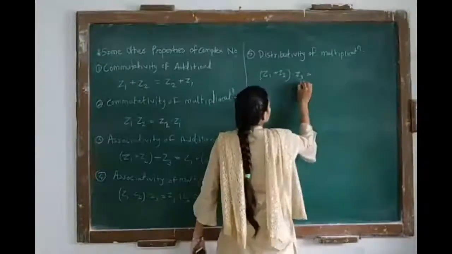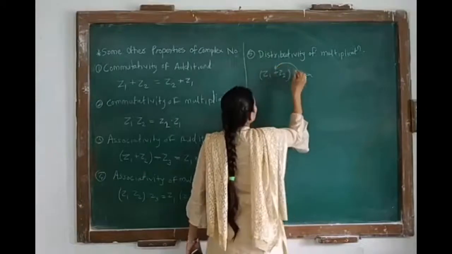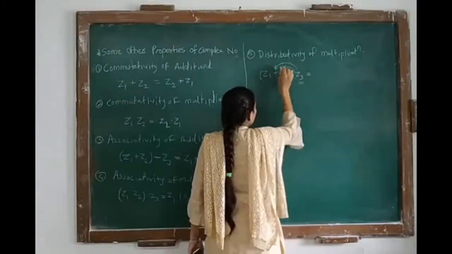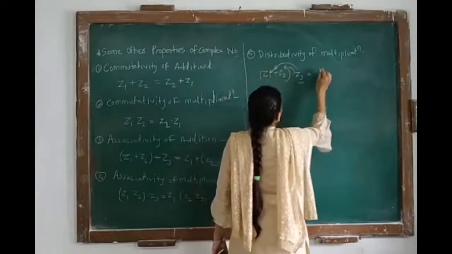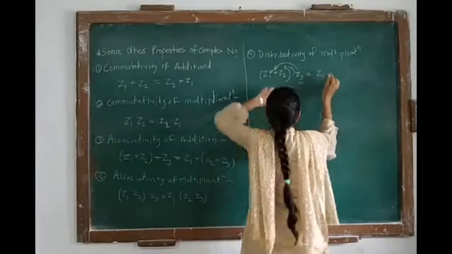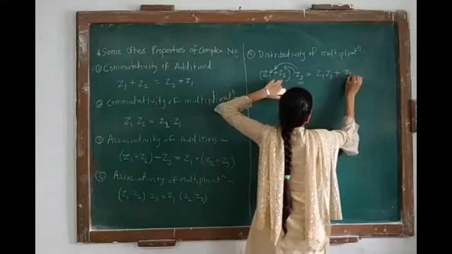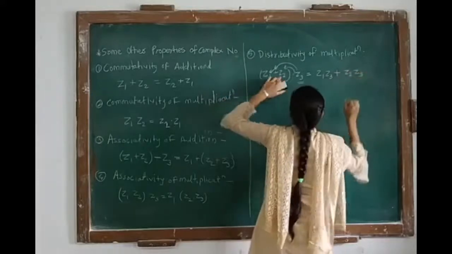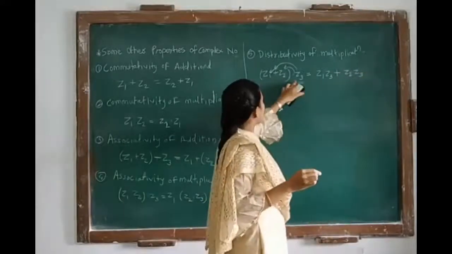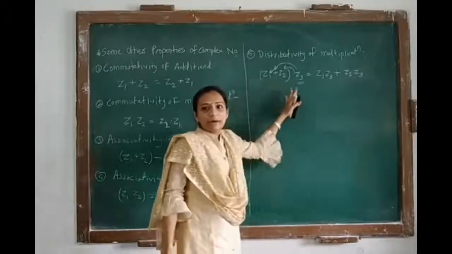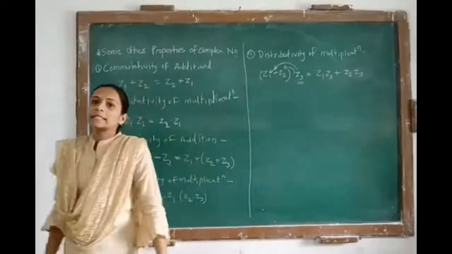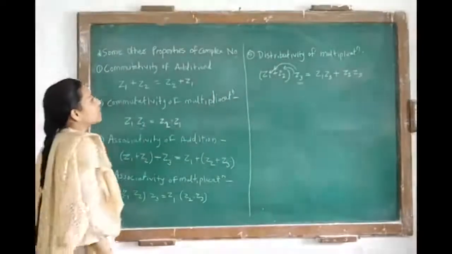So this Z3 will get multiplied to both Z1 as well as Z2. That means Z1 into Z3 plus Z2 into Z3, so we can distribute this Z3 over this addition Z1 plus Z2. That is nothing but distributivity of multiplication.